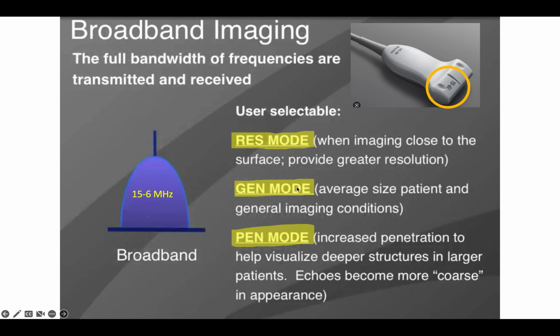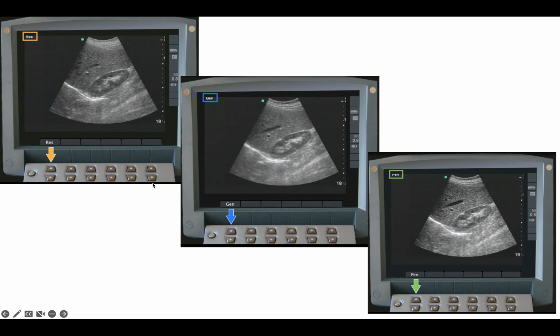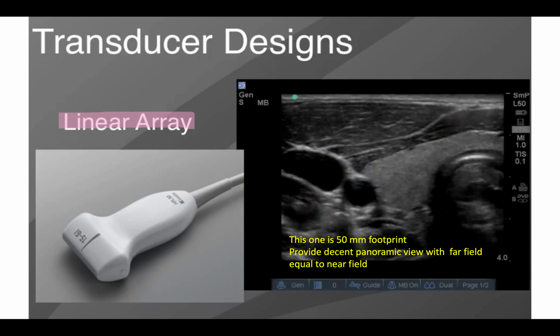General mode, somewhere in the middle, and if the object of interest is in some way deep, we use penetration mode. And this is an example of how we have an image, and we just change by toggling from resolution to general to penetration, and quality of image is changing.